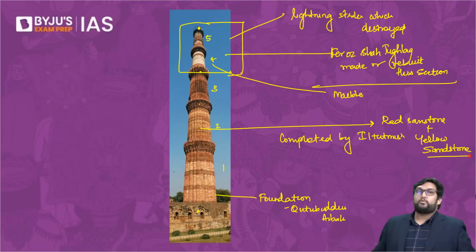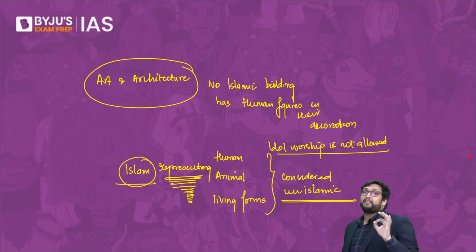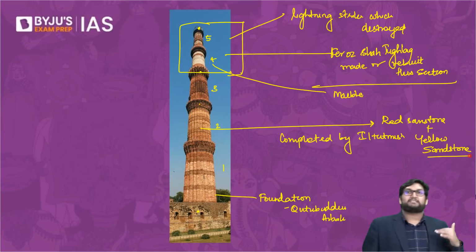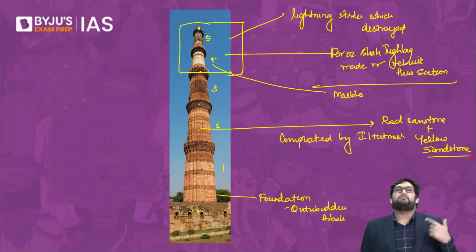Marble decoration was only done very well under Jahangir and forward, which is called pietra dura, which I'll tell you about. The simple point is that Qutub Minar in a way is the testimony to the fact that our own indigenous artisans were becoming more and more skilled.